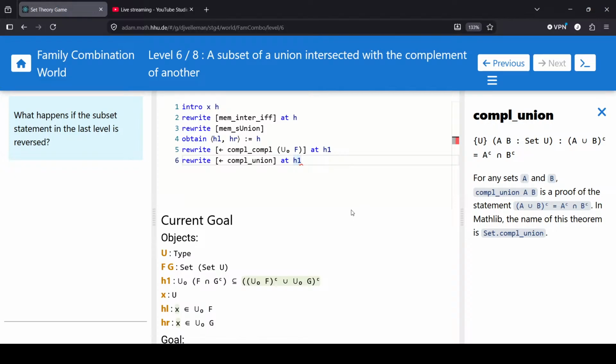Oh, because X is in the union of everything in F, including the parts that end up in G. So this is a strict subset of this guy, isn't he?